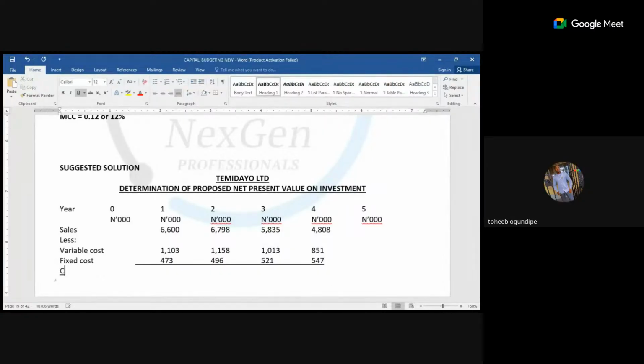Cash profits before tax. So what do we have here? 5024.